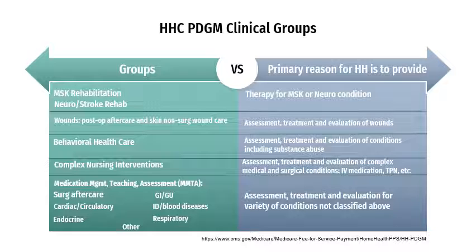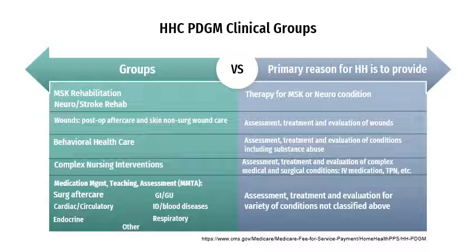So this is speaking specifically to the primary diagnosis. So that is when you are using your OASIS assessment tool to arrive at what that primary diagnosis is going to be for the patient, their primary reason for requiring home health care.